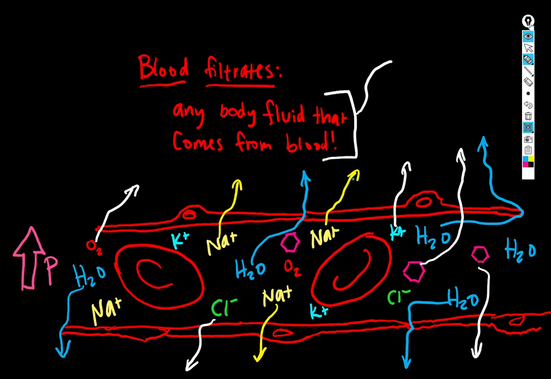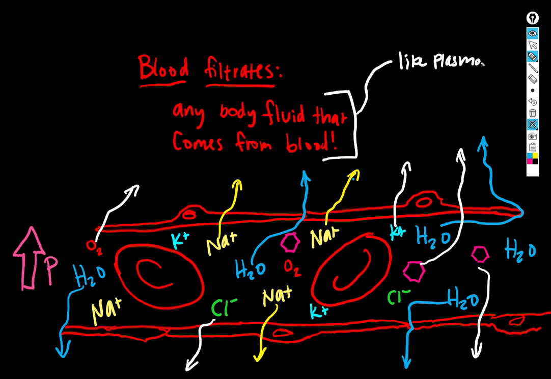It's like plasma, but no cells, or the large plasma proteins like albumins and stuff. And if you put some more cells around this capillary, you can have the fluid be modified as it leaks out, so you can control what ends up in the fluid and what is kept out.